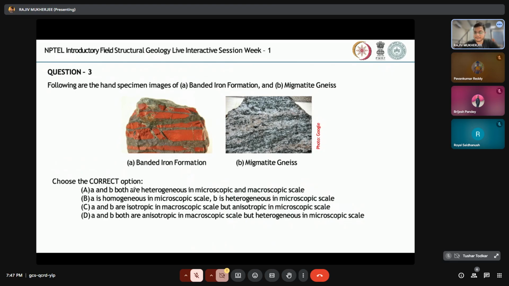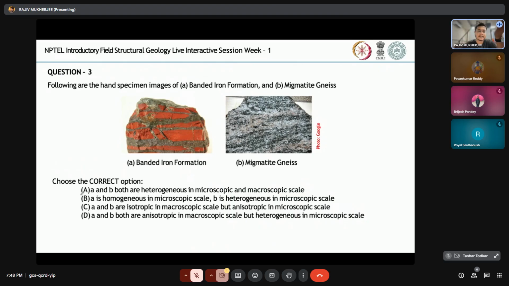macroscopic scale. That means if you have banded iron formation and gneiss, if you take them in your hand, that is hand specimen scale, and then you prepare a thin section from the samples that spans over some microns or so, then it says they will appear heterogeneous even if you observe through the microscope or you are seeing on the hand specimen.